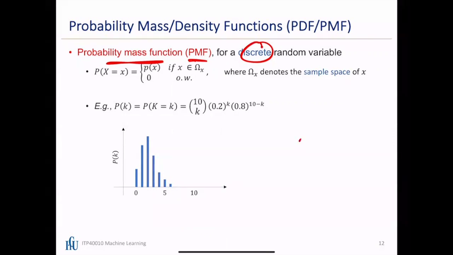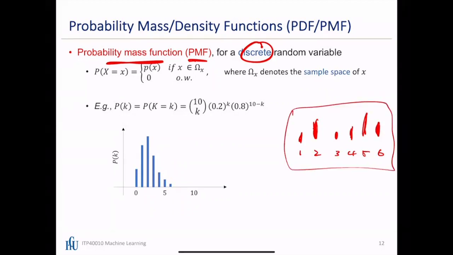Maybe you have seen 2 times 2, 5 times 3, 3 times 4, 6 times 5, 5 times 6. Each of these defines a probability space, and a generalization of such is a PMF.